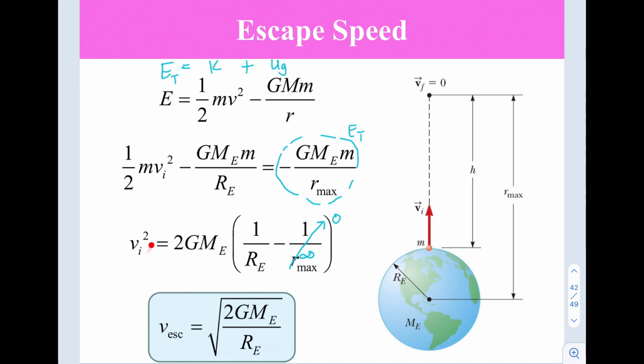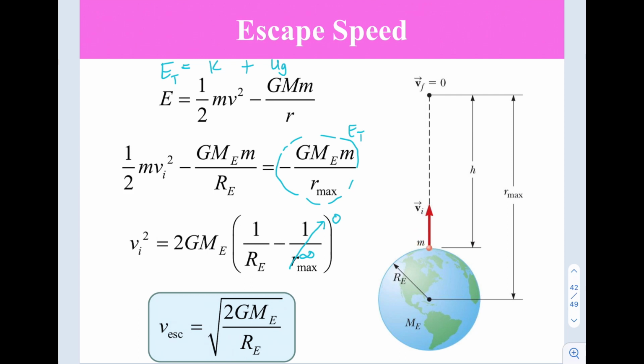So the V initial just now is known as escape speed, meaning that the object is going to escape from the Earth, not to come back forever. That is why it's named escape speed. It doesn't matter what the mass of the object is, whether it's just a ball or a spacecraft.